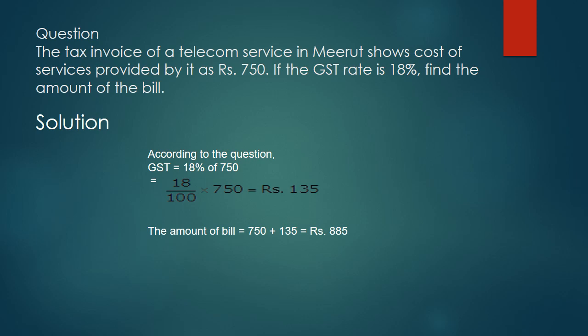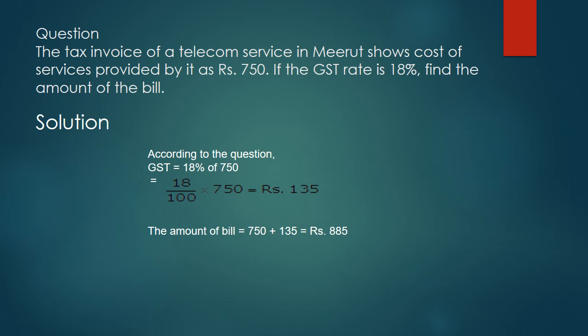The tax invoice of a telecom service in Meerut shows the cost of services provided by it as rupees 750. If the rate of GST is 18%, then find the amount of the bill.